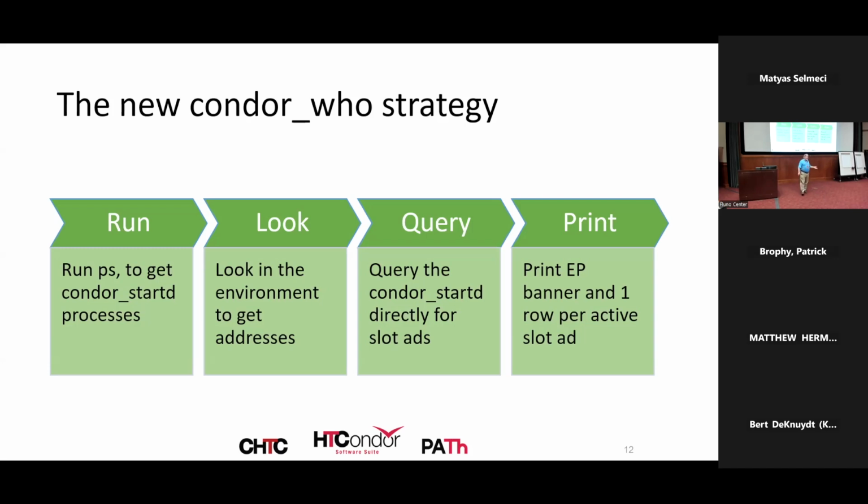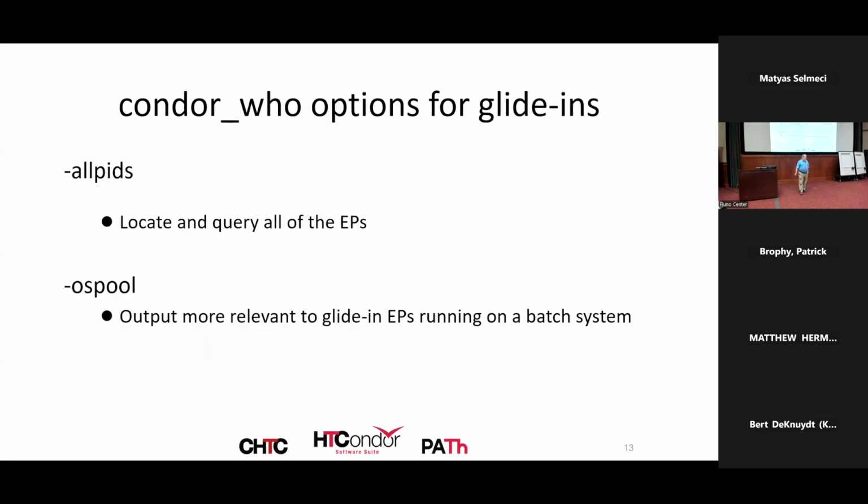Well, once again, once we get enough information to query the Condor startd, we ask it for soft adds, and we print the output. Now, in the glide-in case, things have also changed. We kind of want different information out of the startd than we used to in the olden days. So there are some new arguments to Condor Who.